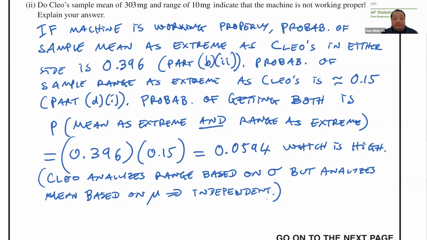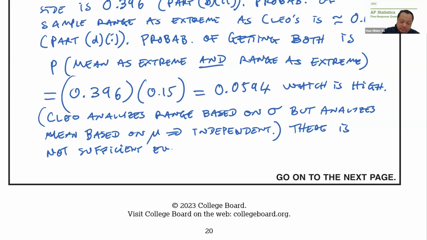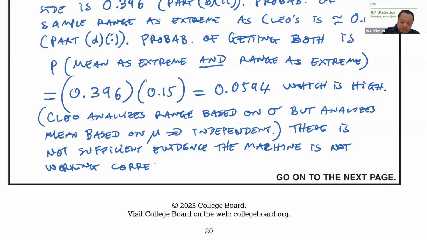And therefore, we are justified in using the multiplication. And therefore, there's not sufficient evidence the machine is not working correctly.